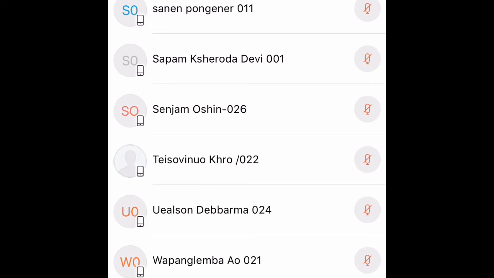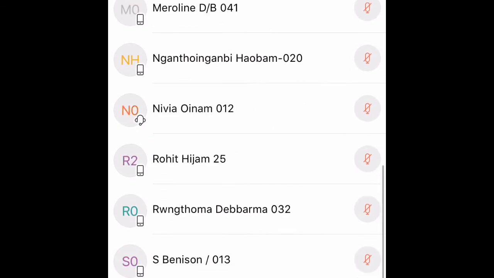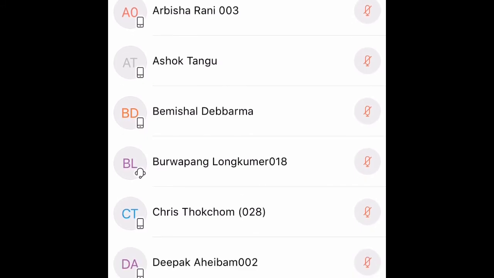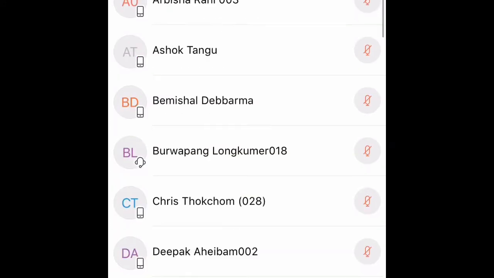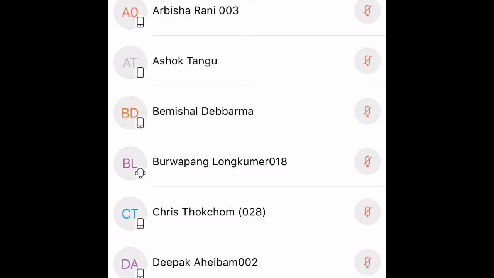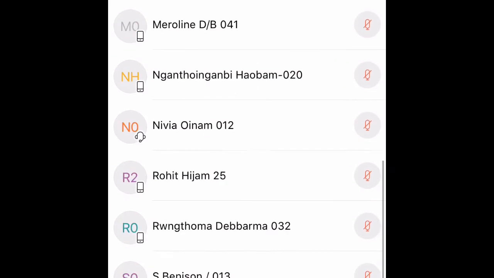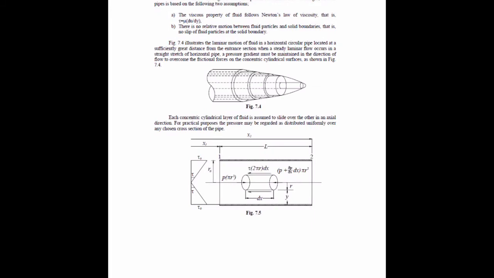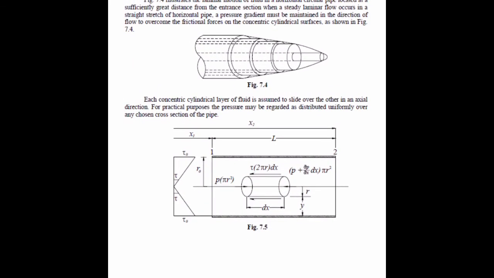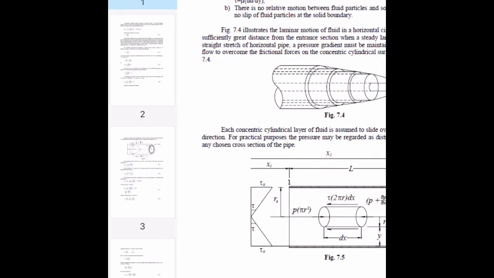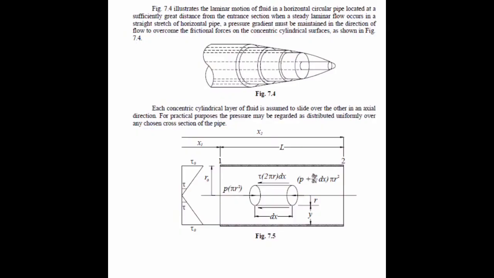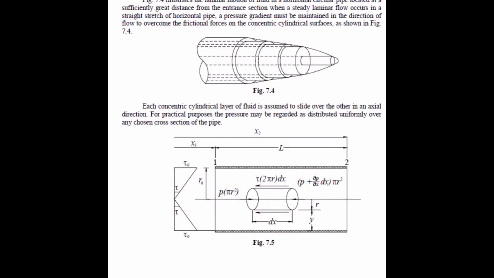Let me check who is attending this class. Can you see the figure? Here we have to find out laminar flow through a circular pipe.